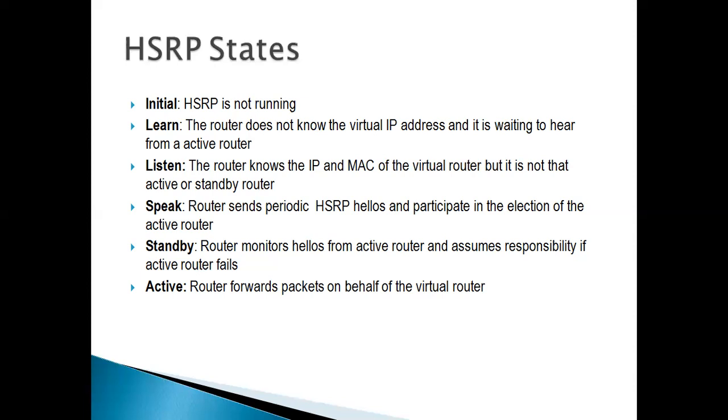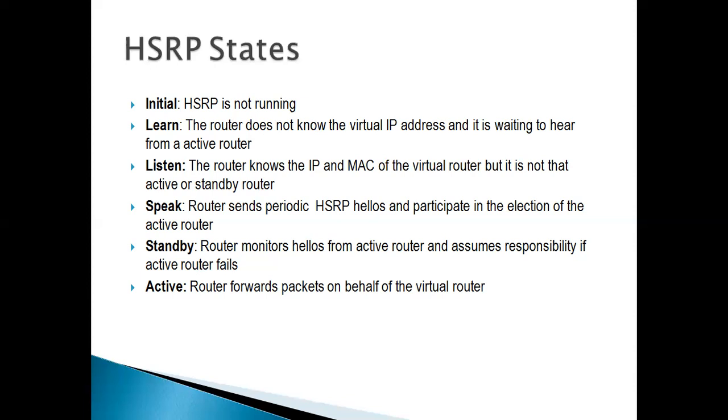And the next state is standby. The router monitors hellos from the active router and assumes responsibility if the active router fails. What is the standby router? The standby router is just sitting idle and sending hello messages on the multicast address, and it just monitors the state of the active router.